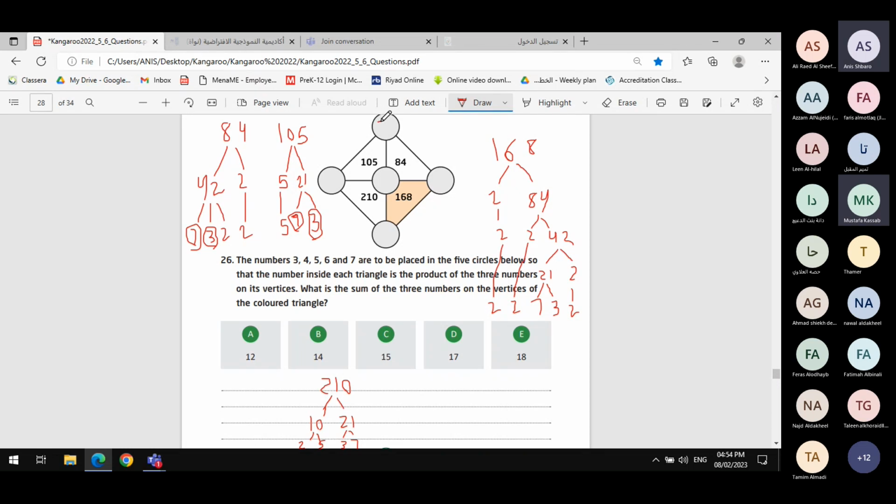Here will be 7 or 3, and here the same, 7 or 3. So 7 times 3 is 21 times 5, it will be equal to 105, right? So this one is fixed to be 5.